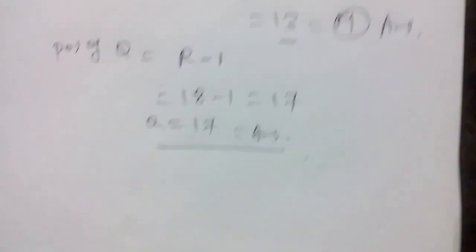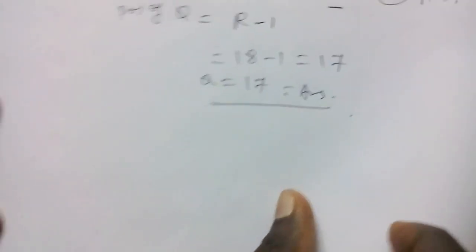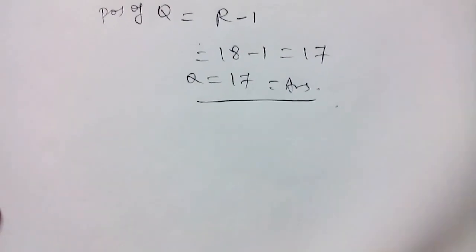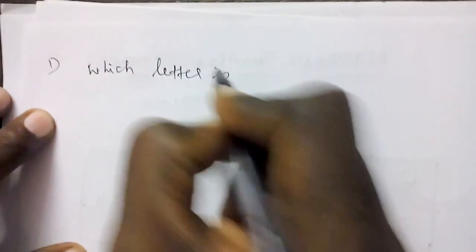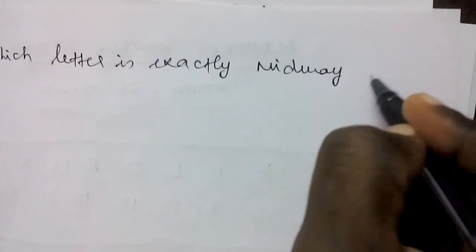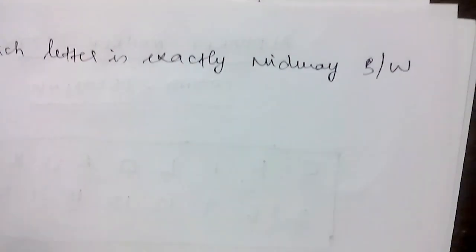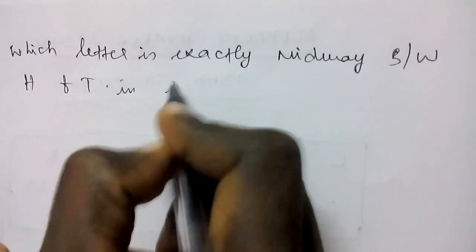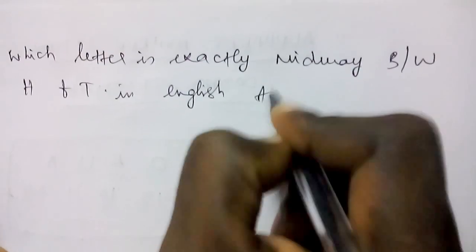Okay, so let me take you to a very simple problem which was asked earlier. Okay, let me turn over the paper. So the question is, which letter is exactly midway between H and T in the English alphabet?